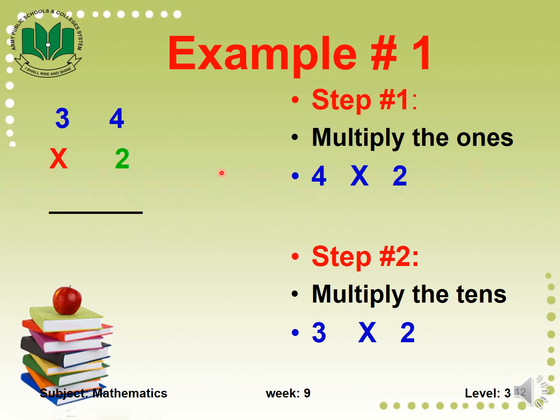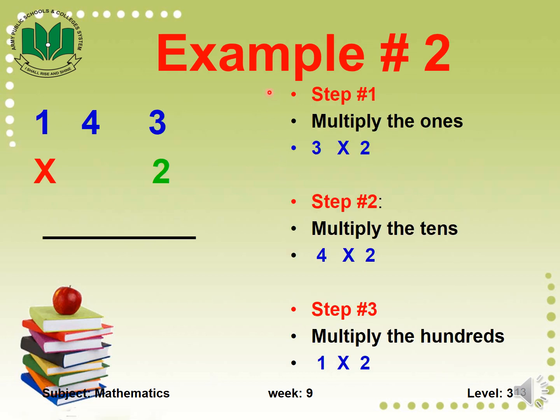So first we will multiply this 4 at the 1's place with this number 2. The answer will be 8. Step number 2. Multiply the tens. We will multiply this number 3 with this 2. The answer is 6. Now the total answer is 68.